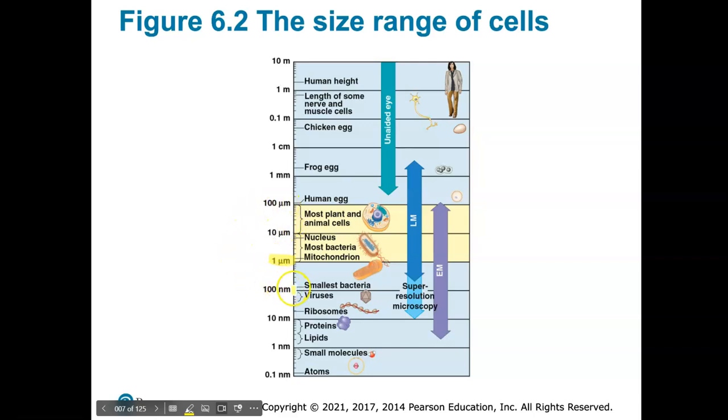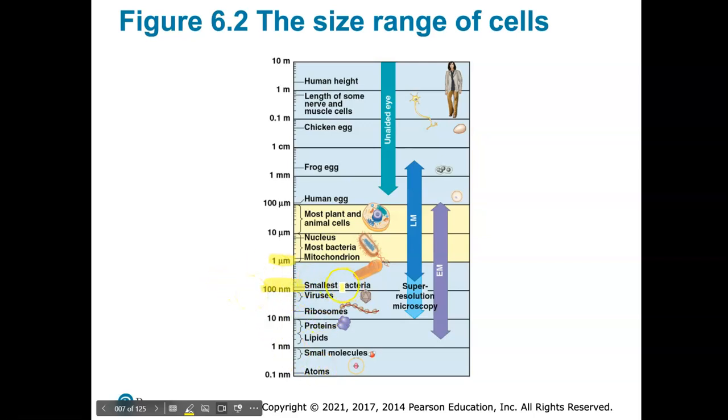But your smallest bacteria, which are about 100 nanometers, can be 1,000 times smaller than the cells that are eukaryotic, the plant and animal cells. So this is just showing you different cells and their size compared to other cells. And also it shows you like the size of an atom compared to a cell.